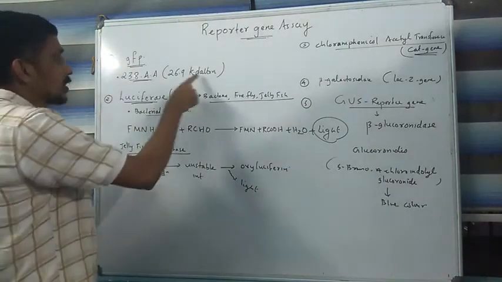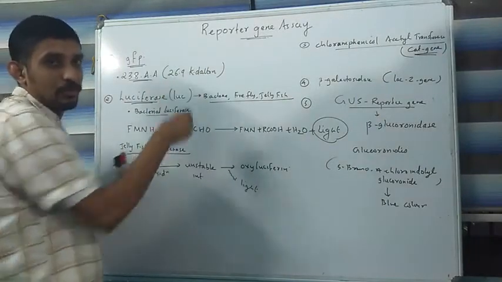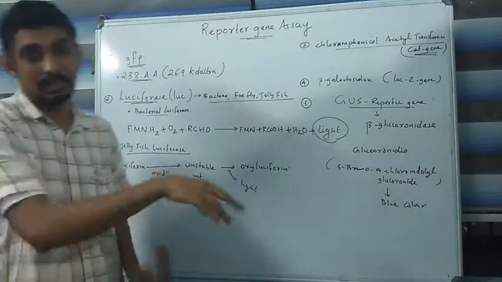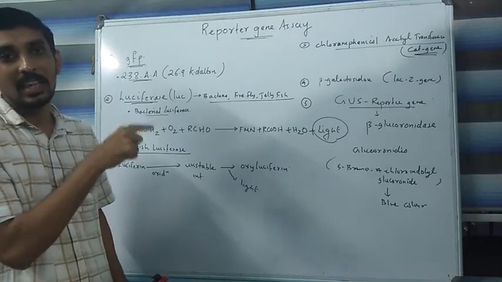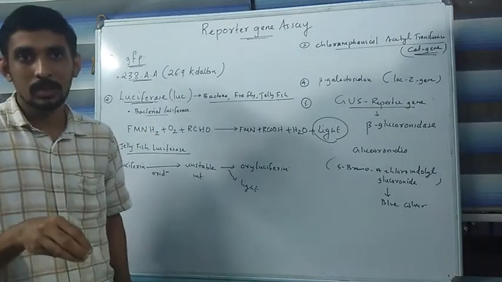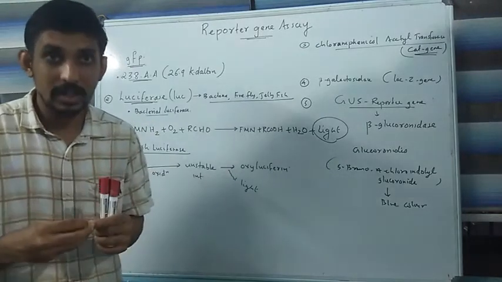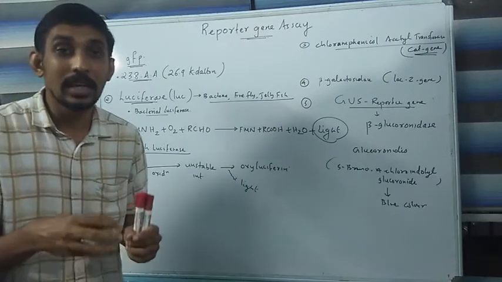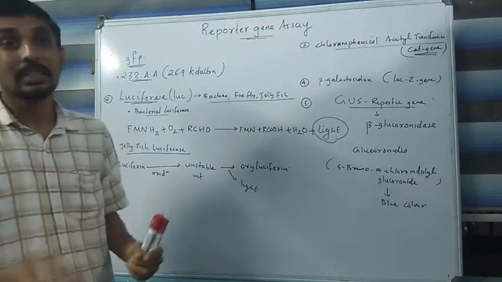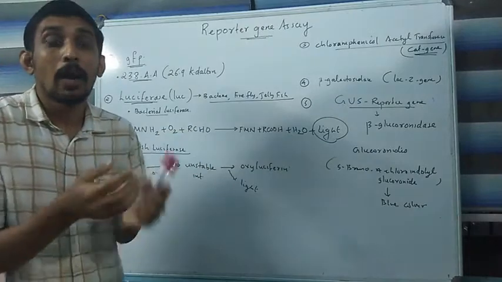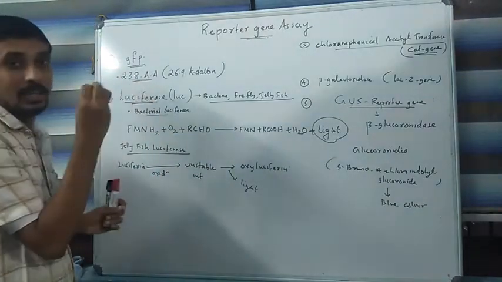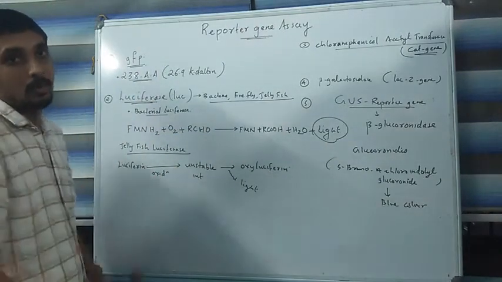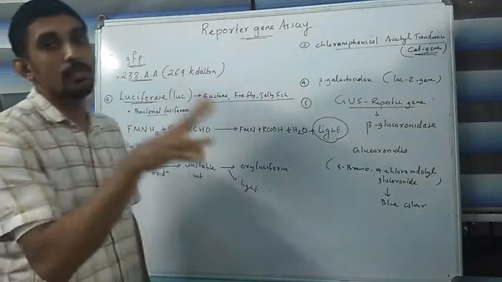By using this reporter gene, if we tag this GFP reporter gene along with a foreign DNA, we can easily understand the presence of the foreign DNA by this property, that is, showing green fluorescence.